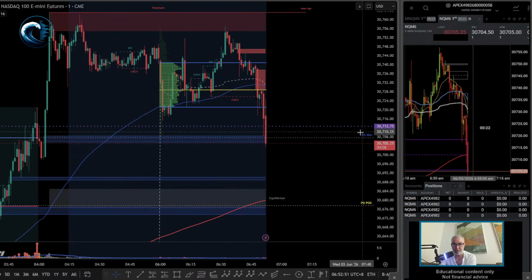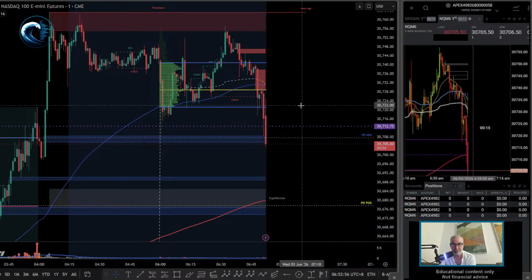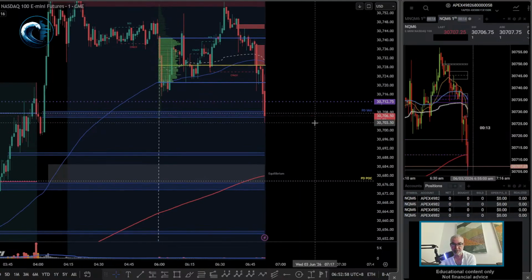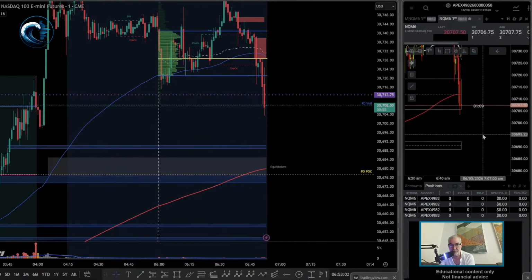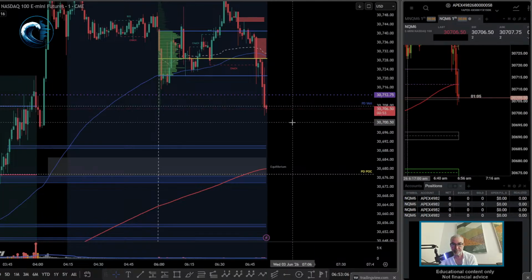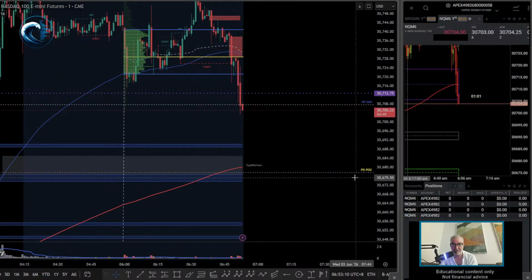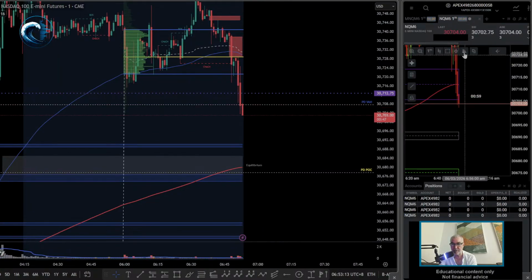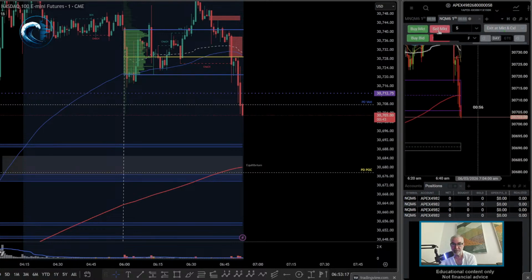All right, now we've hit one of our areas, which is the previous day value high. So actually want to have a look at this a bit closer. Sorry, I'm so far behind here. It's looking like it wants to go back down. So I will actually have a shot at that.